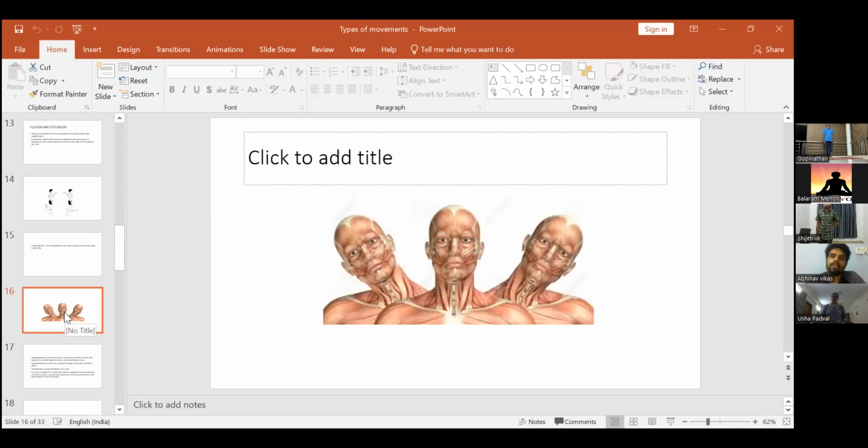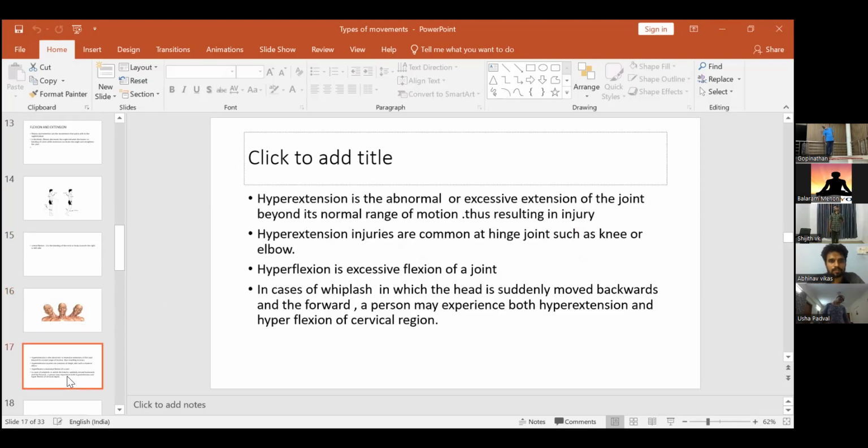This is lateral. Do 10 times. No shoulders, only neck.